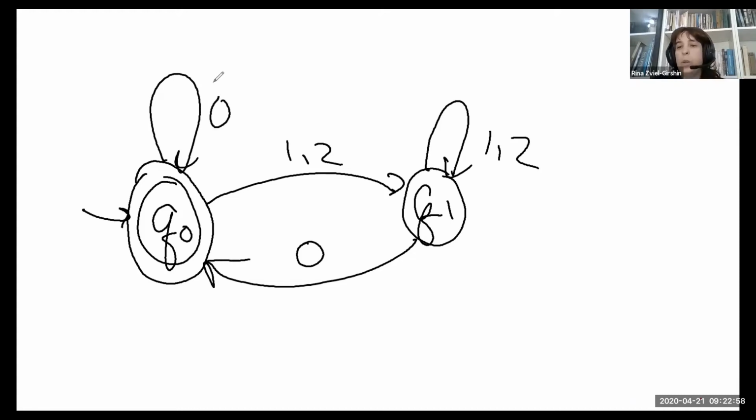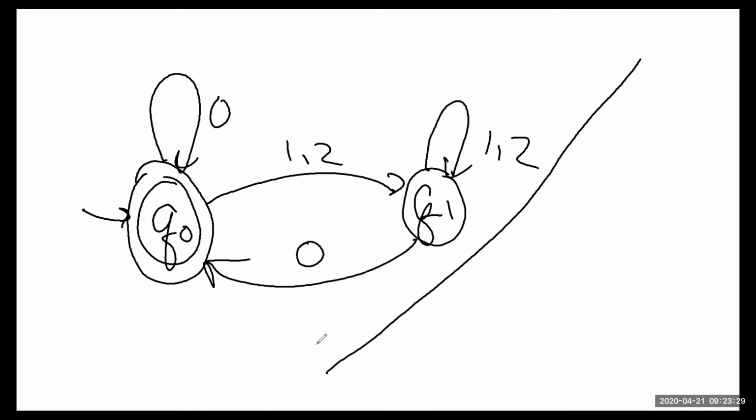Because we told ourselves, if a number over the alphabet 0, 1, 2 is divisible by 3, it should end with 0. So now when we have a 0 ending, the word is accepted because we finished reading the word in Q0, an accepting state.